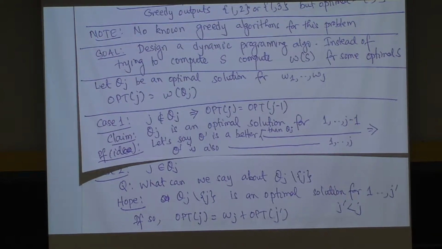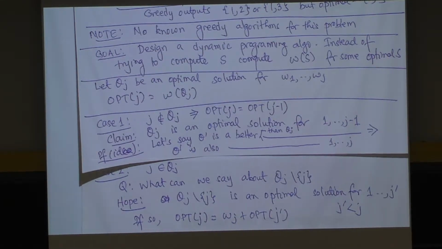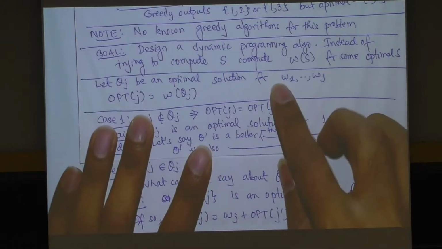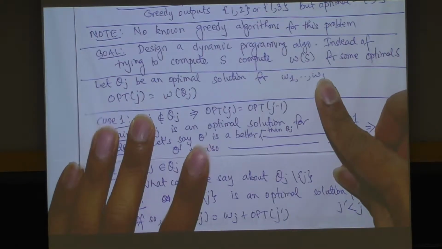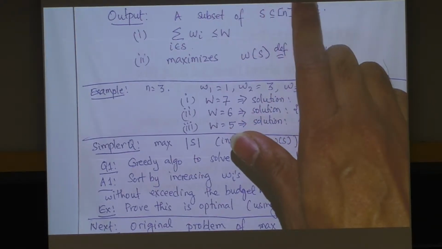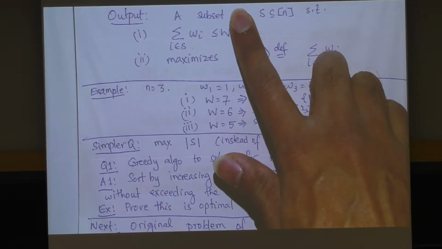Right, so the point is, I said opt of J is the optimal solution for W1 to Wj. But this is not my entire problem, because my entire problem not only needs these values of weights, it also needs this budget.